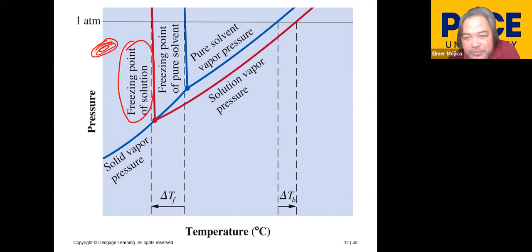Now for the boiling point elevation, I don't know if you know how to cook. Usually if you're making a stew or soup, when the water or the solution starts to boil and you add salt, what will happen? What will happen to your stew or soup when you add some salt?